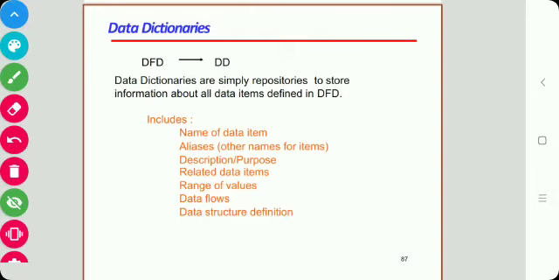But if the data item is an aggregate, then the data structure definition is the composition of the data items. For example, total marks is equal to internal marks plus external marks. Here the total marks is the aggregated item and it is represented in terms of the internal marks and external marks.